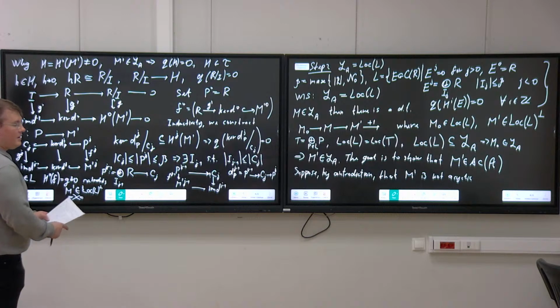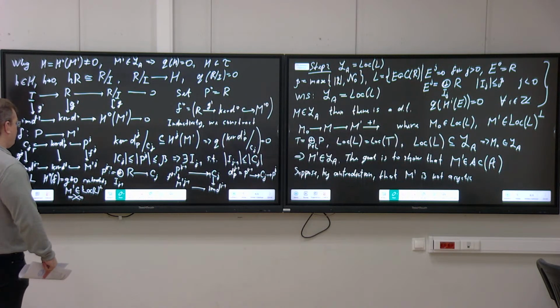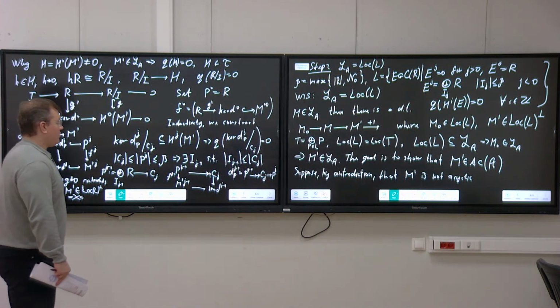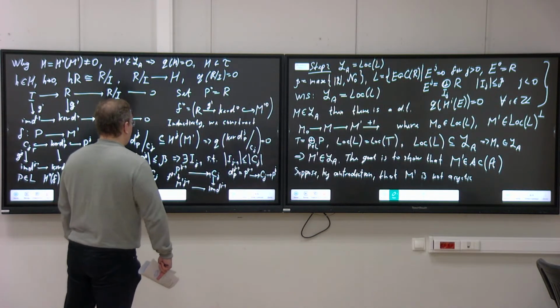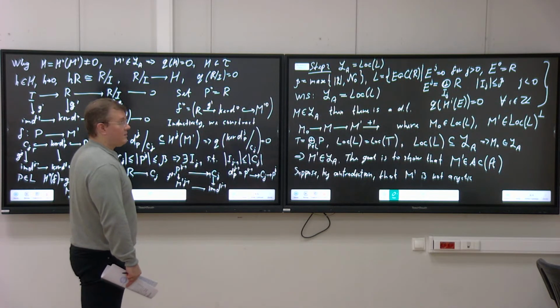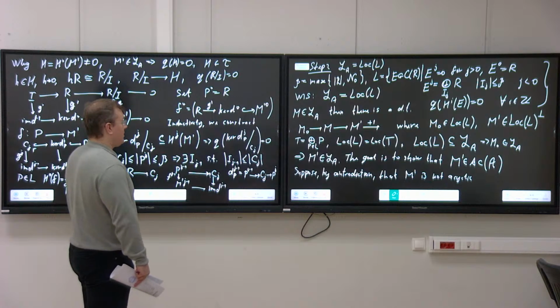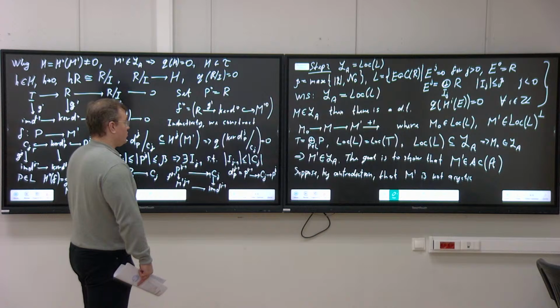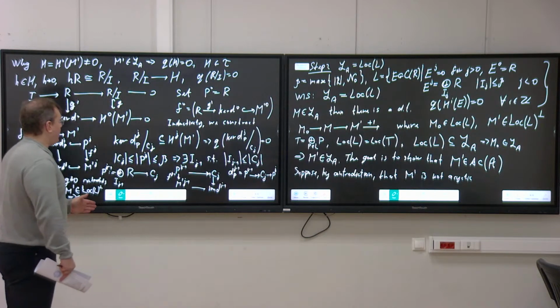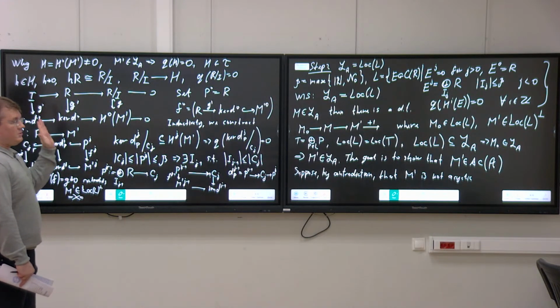Why P lies in L? Well, because we construct this P by induction, right? By definition of the P, on the right from the 0, I have zeros.